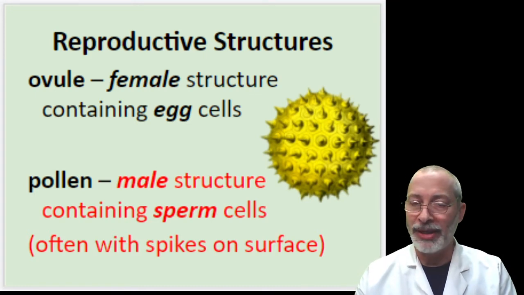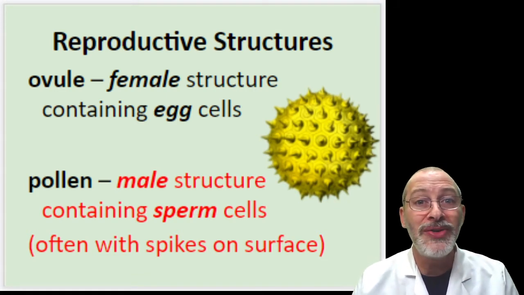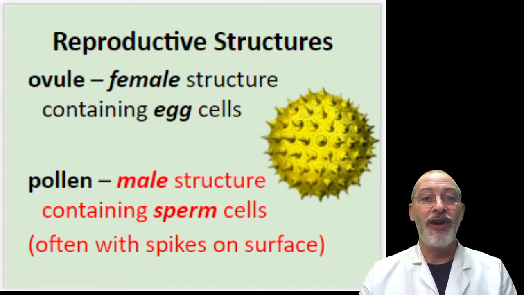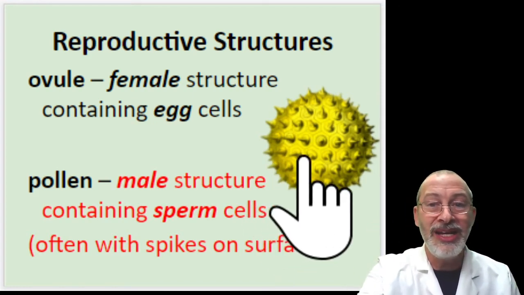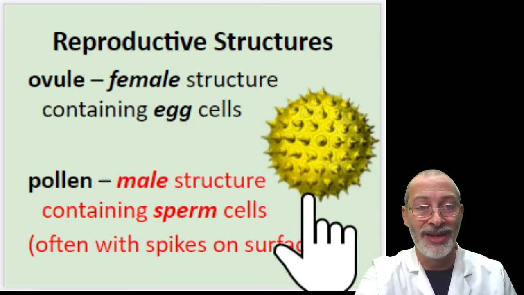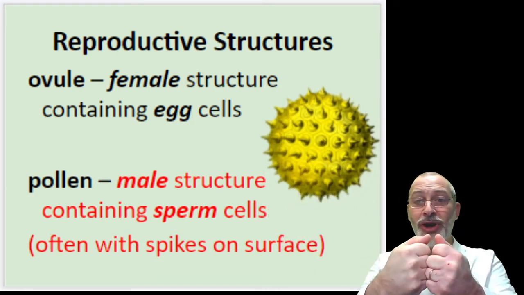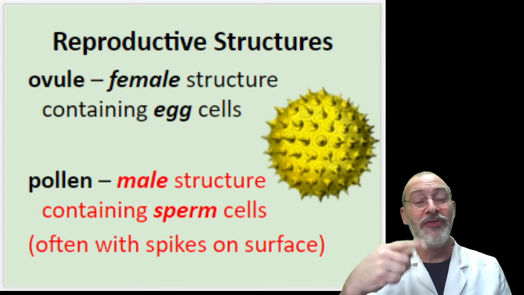Why might that be? Well, have you ever played with Velcro balls? If you've ever seen Velcro, you know Velcro has tiny little hooks on it, almost like this image of pollen does. And Velcro sticks together on a fabric, or Velcro balls with Velcro on them.